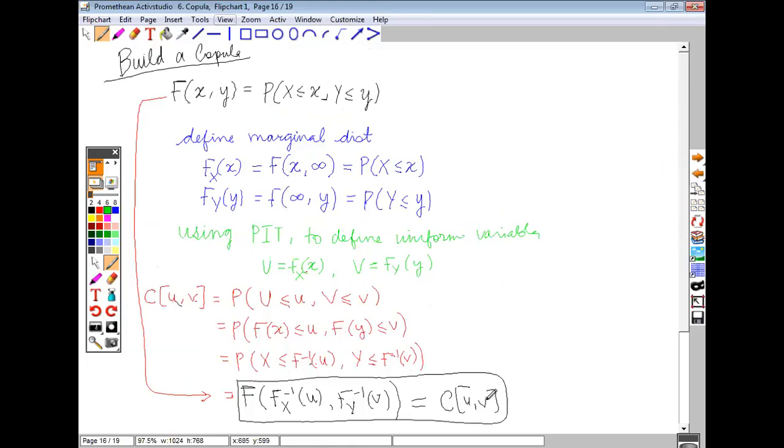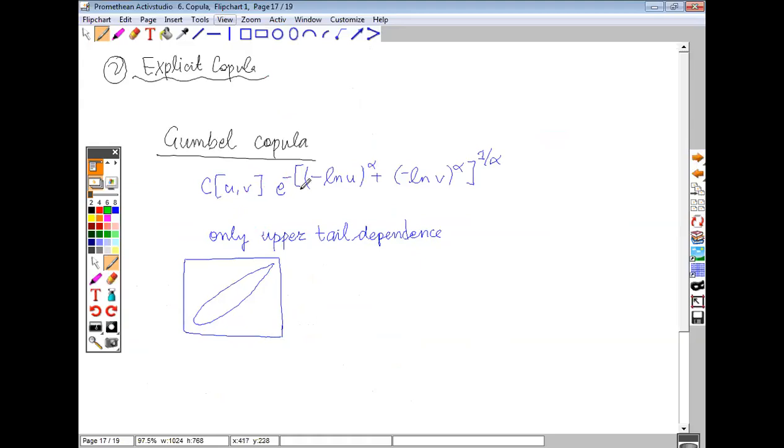When I was trying to define any general copula, this is my general formula for an explicit copula. What do I have? I have an f here, and then I have f inverse in there, and f inverse in here. If you look at this, we see that e and log are inverses of each other.